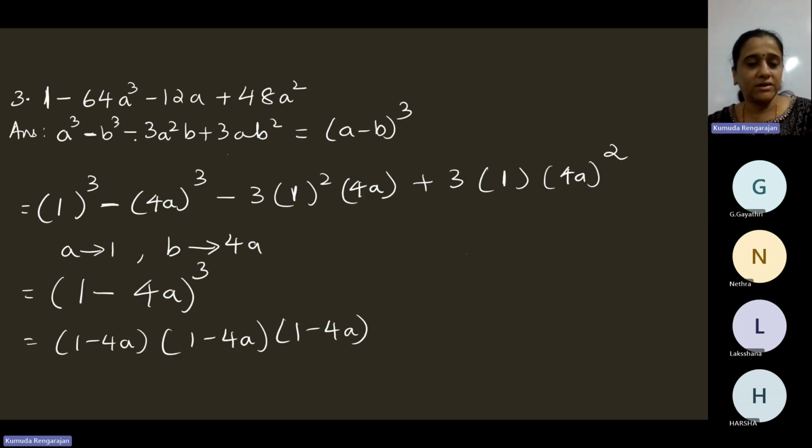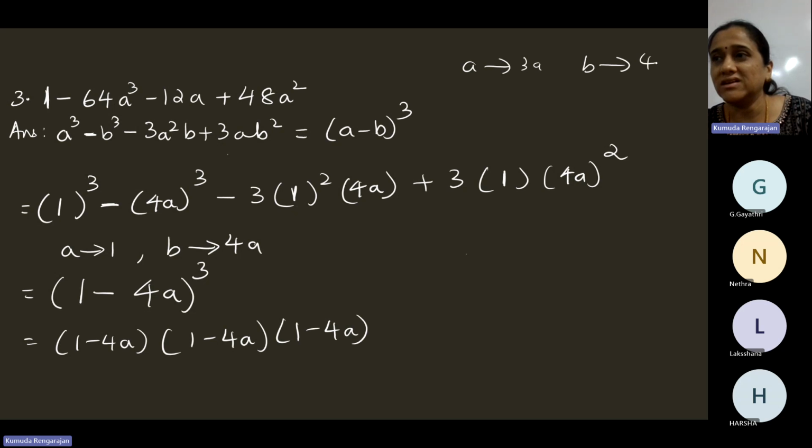Yeah, I think I didn't notice that here. But it didn't clash because a is 1 and b is 4a. So here I recommend you use x cubed minus y cubed minus 3x squared y plus 3xy squared is equal to (x minus y) the whole cube. Here that clash didn't happen because b is 4a. Otherwise, a is 3a and then b is 4b. You understand what's happening?